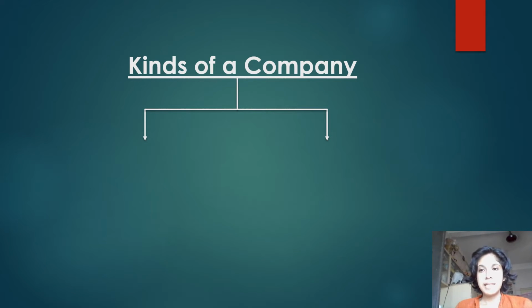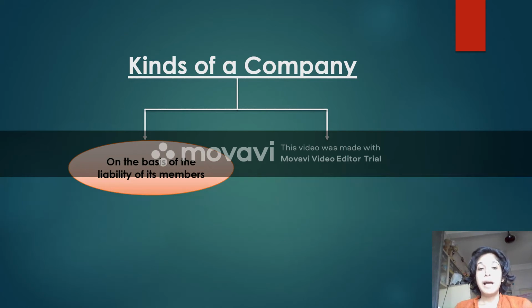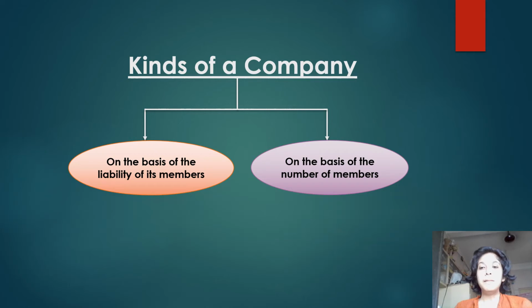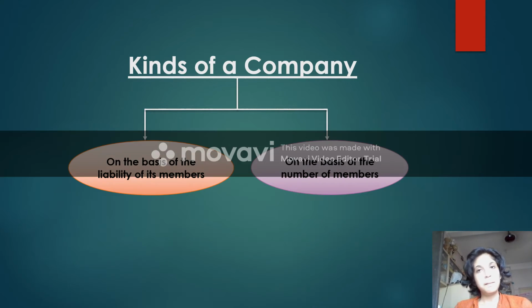Number one base is on the basis of liability of its members. And the second one is on the basis of the number of members. Okay. So what is meant by liability of members? As I already said, this company has its own members and the members are separated by the company itself.